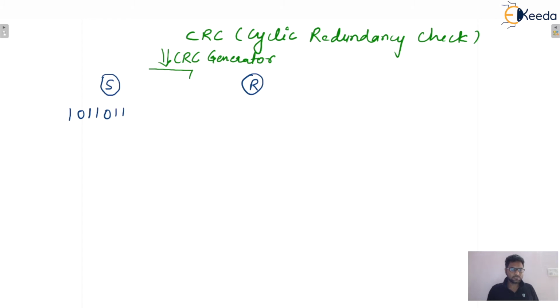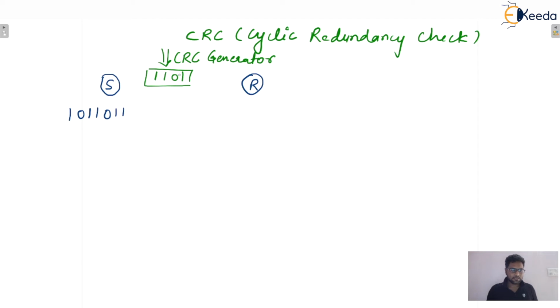Let's say that is 1101. It will be known to both the sender as well as the receiver.